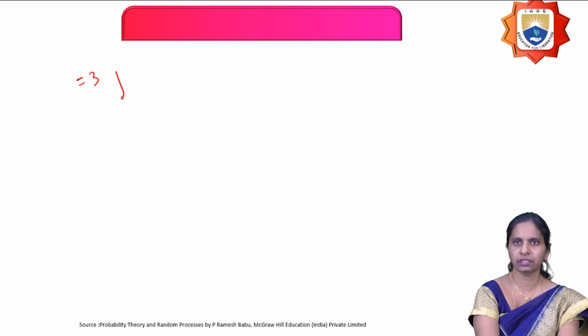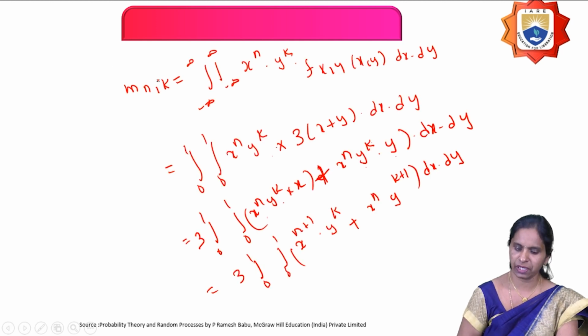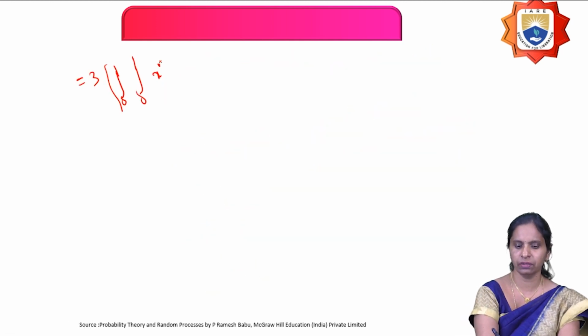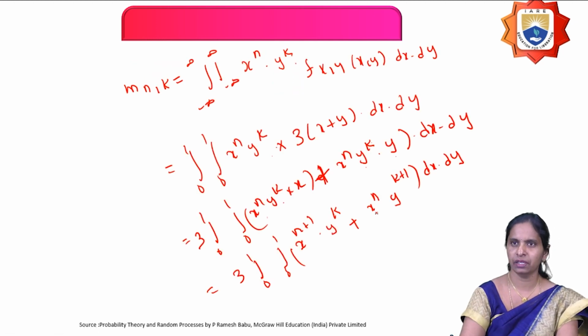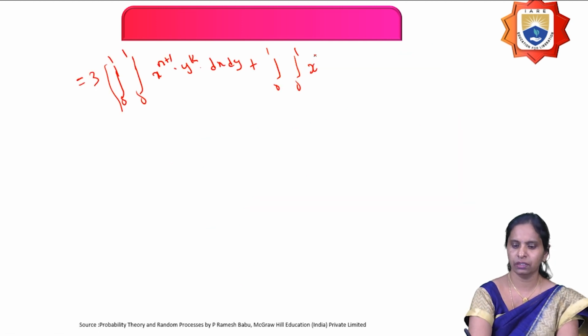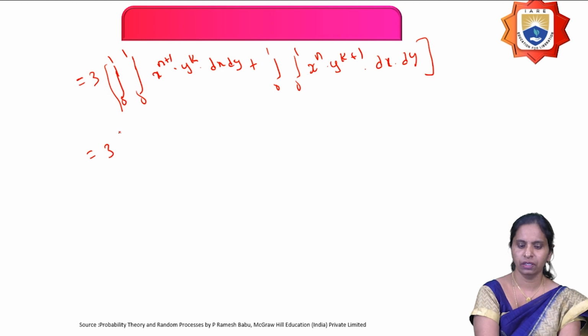So that equals 3 into integration 0 to 1. The first function is x power n plus 1 into y power k dx dy, plus integration 0 to 1, 0 to 1 of the second term, x power n into y power k plus 1, dx dy.